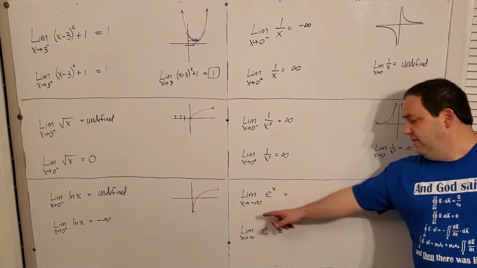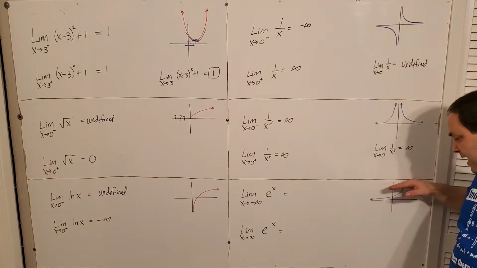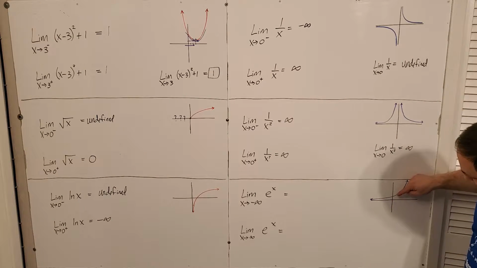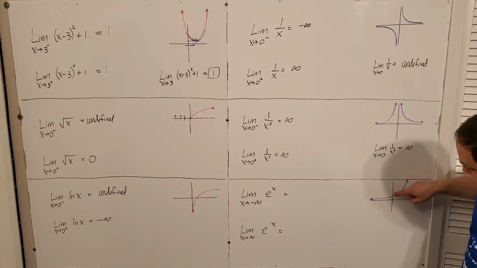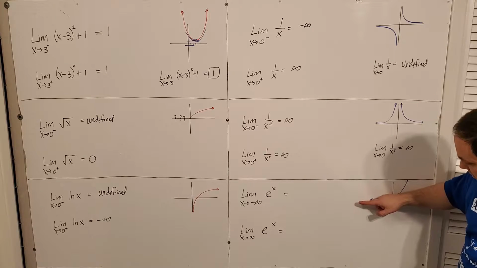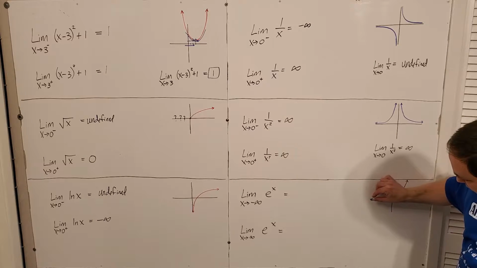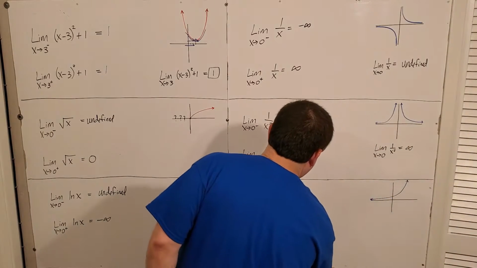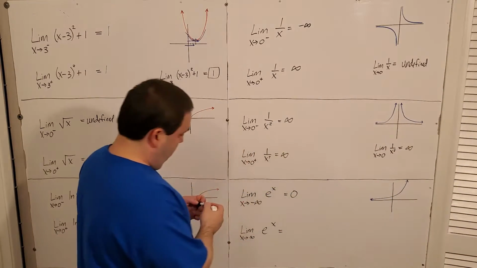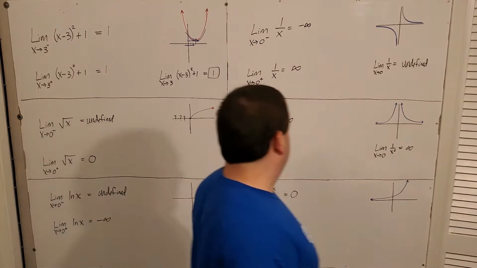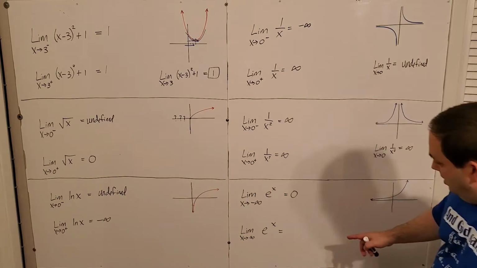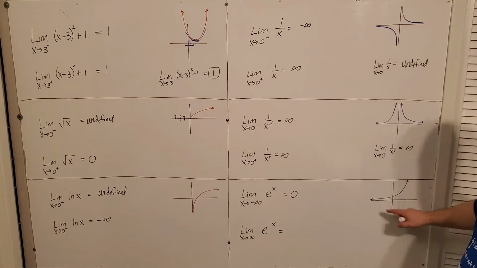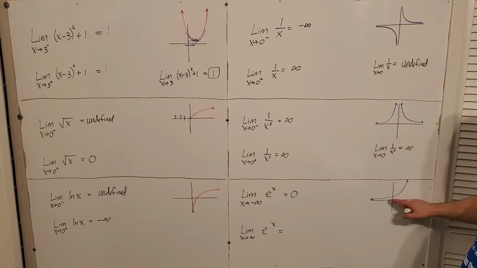So negative infinity would be letting x go this way, and so I have to follow the graph, right, this way. And it's getting closer and closer and closer there. So I'm actually getting 0, right? And then as x approaches infinity, x is going to go this way.